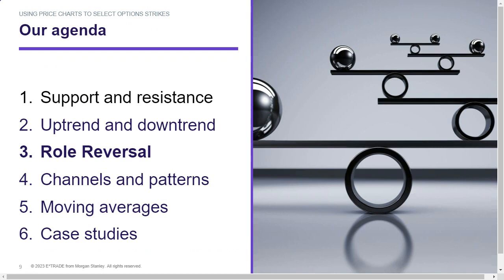Now, let's step through and talk about several tools or several characteristics of charts that will show up at various times that can also help us find key price levels that will help inform our choice of strike prices. And the first one is what we call role reversal.